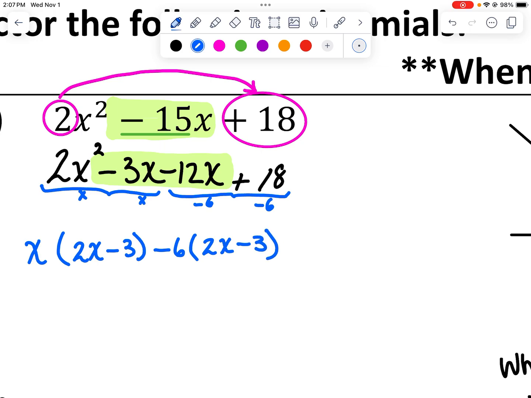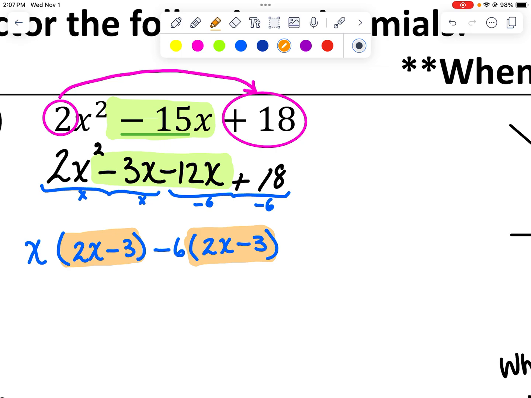So now, oh, look at this. This is insane. Check this out. Notice what happens now. This parenthesis and this parenthesis are the exact same parenthesis.